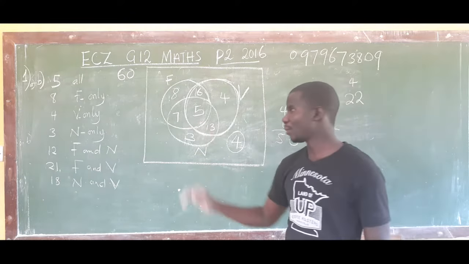Follow me. If the first member to be chosen is a girl, what is the probability? The girls are 6 over 10, multiplied by the second one to be picked is a boy. If the first one was picked, the number of boys is still the same. They are still 4 over, but the total number of members has reduced from 10 to 9.